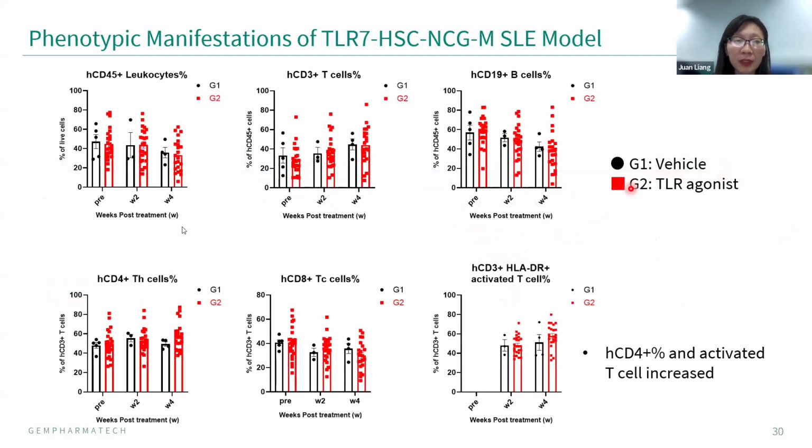This figure shows the immune cell population in our model. As shown here, the TLR7 agonist treatment could induce immune cell differentiation compared to the vehicle treatment group. We can observe an increased CD3 positive cell population and also an increased CD19 positive B cell population with the TLR7 agonist treatment.